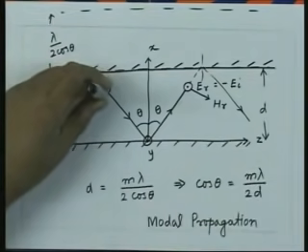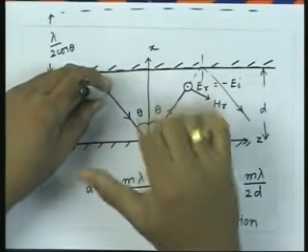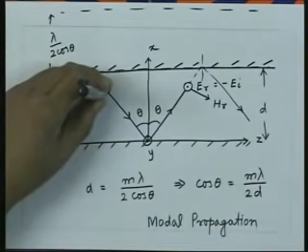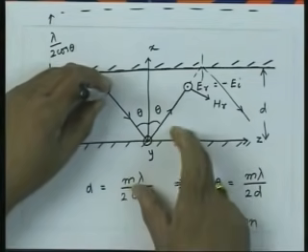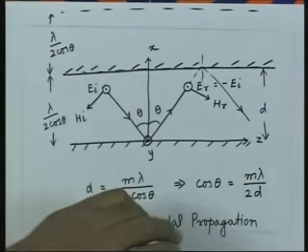That means the electric field has a special nature in this particular case. It always remains transverse to the direction of the net wave propagation. That is the reason we designate this propagation as transverse electric propagation.